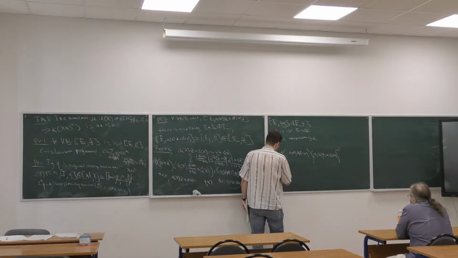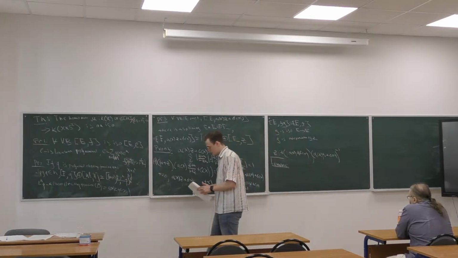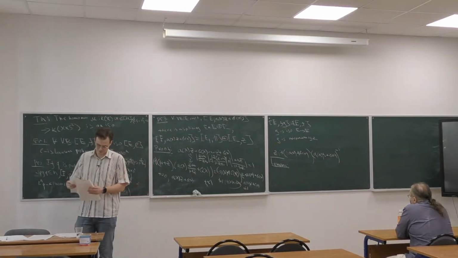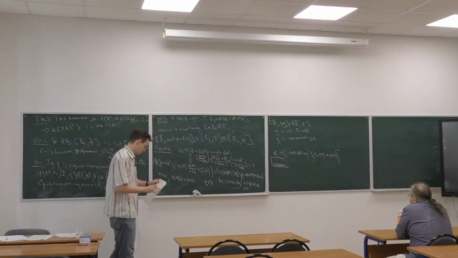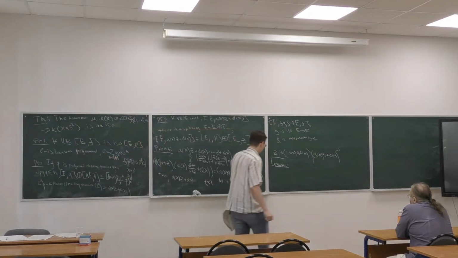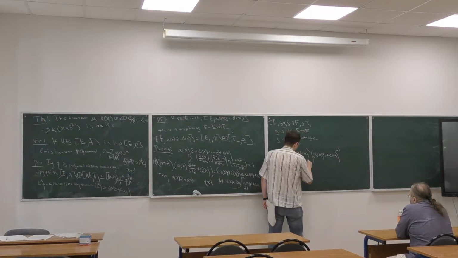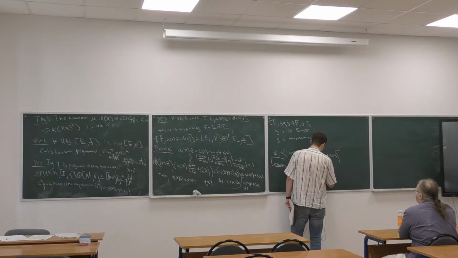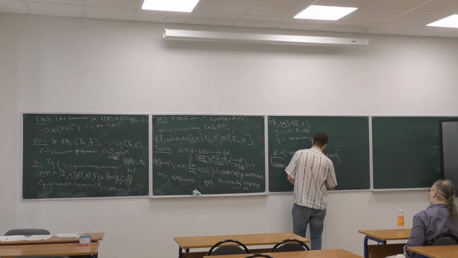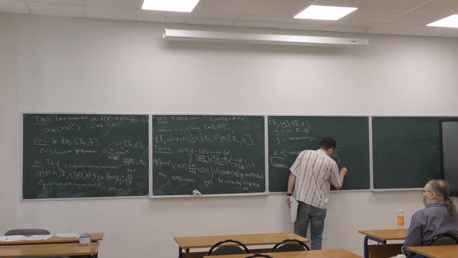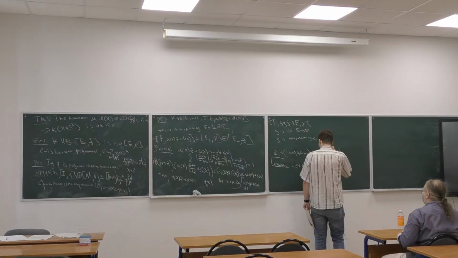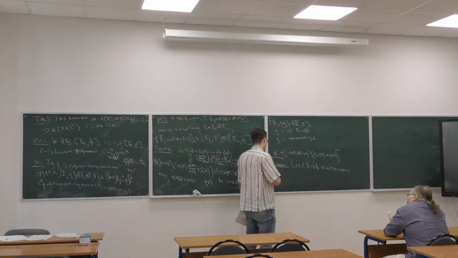Lemma: let B be a map from E to E, an endomorphism, having no eigenvalues on S1.